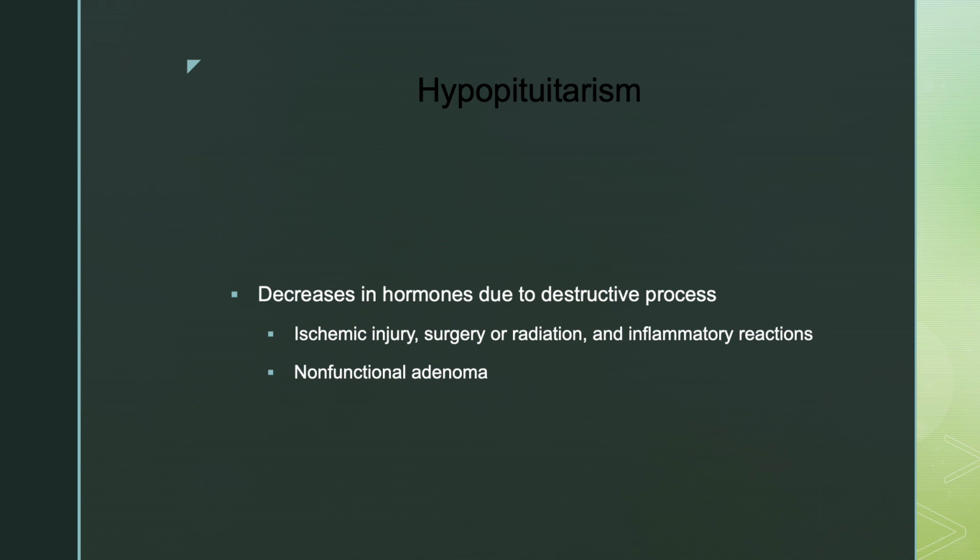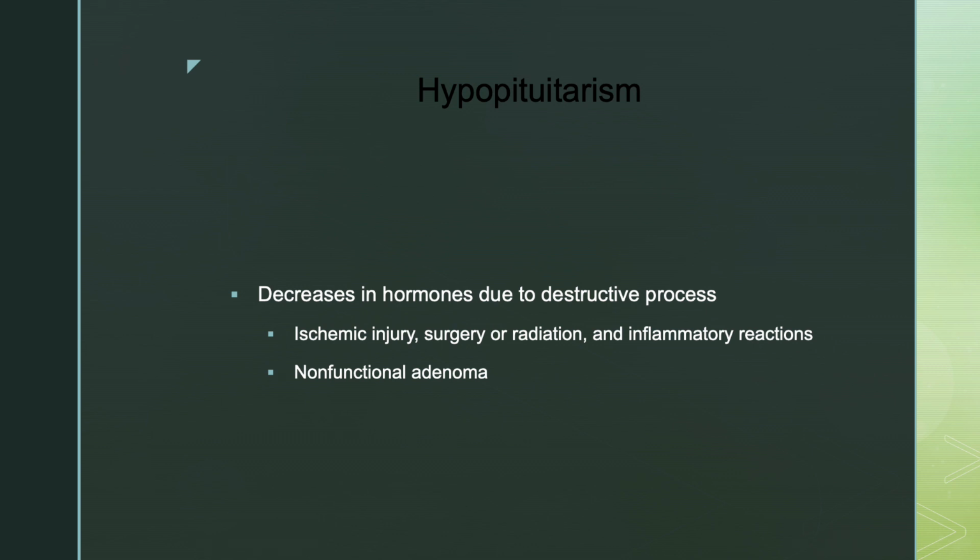There's one condition that's worth mentioning, it's called Sheehan syndrome. It is basically ischemic injury to the pituitary gland in the immediate postpartum period. Because during pregnancy, the pituitary gland enlarges, most likely because of the increase in the size and number of prolactin producing cells.